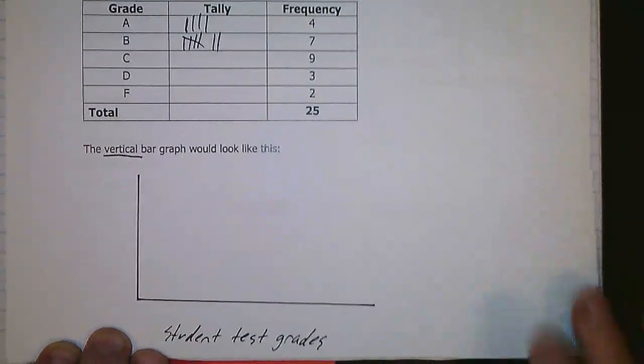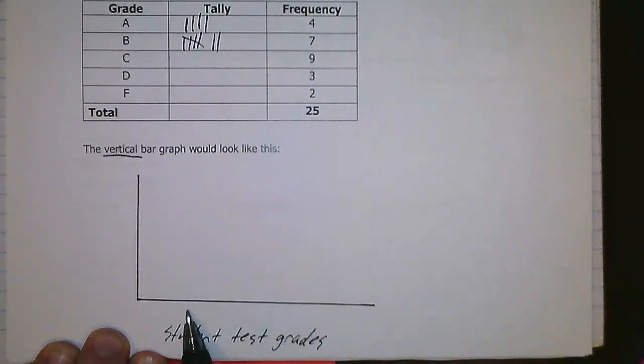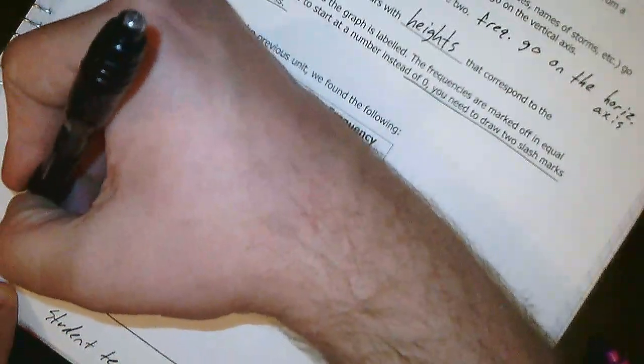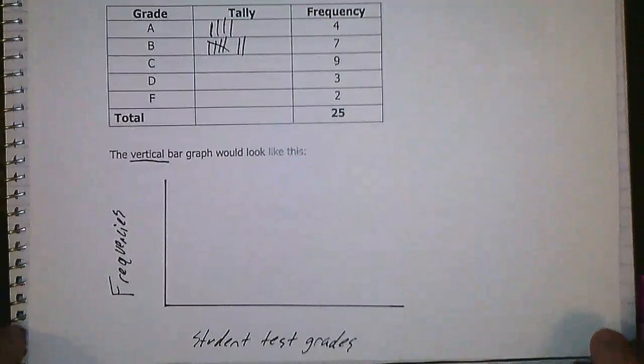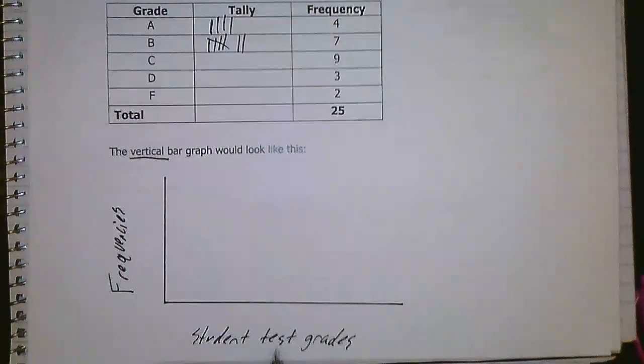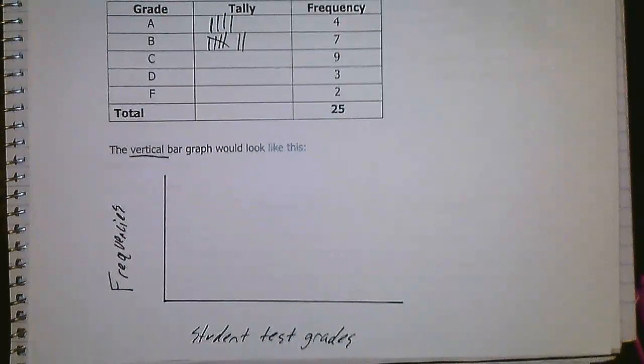You don't want to do it right below the bar because we're going to have to label A, B, C, D, E. Well, no E, but F. And then here, to move the page, are the frequencies. So frequencies on the vertical axis, the description, or in this case, the test grades, on the horizontal.